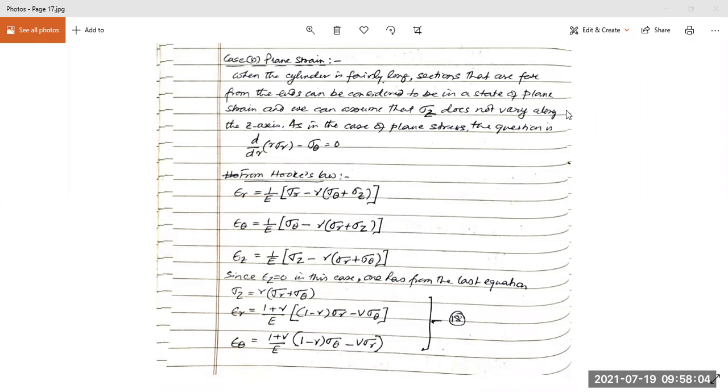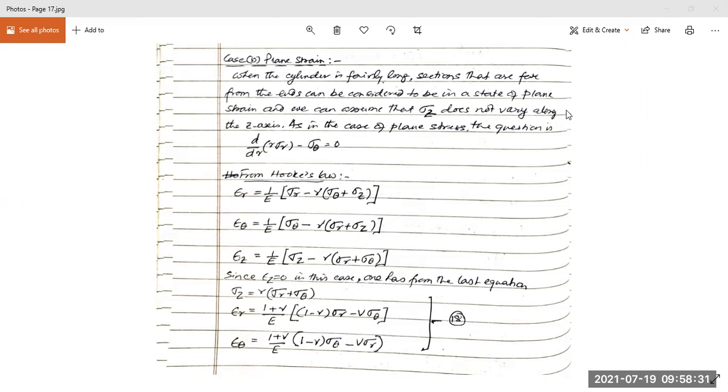Sigma theta is in the circumference, normal to the radius r, and sigma z is along the longitudinal length, normal to the radius r. So they create a lateral strain, which is obtained by multiplying by the Poisson's ratio. As both act in the opposite direction, it is subtracted from the original radial stress sigma r.